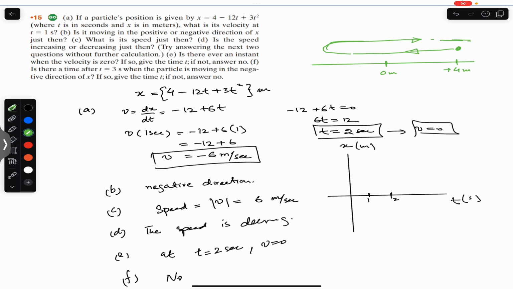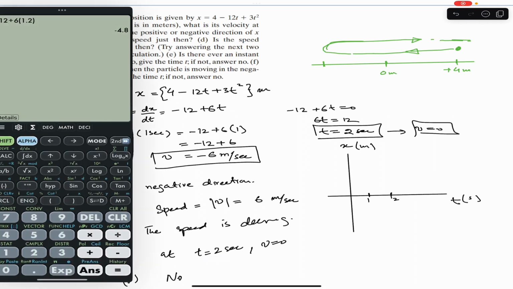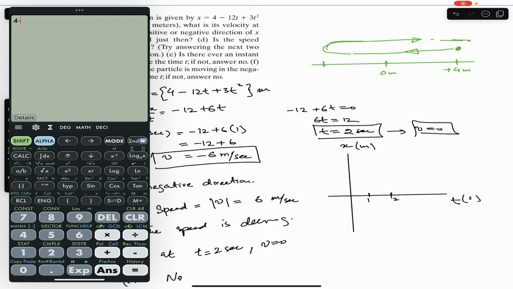And we can find that particular position where it turns back, since we know that the velocity at t equals 2 seconds is 0. At this particular point, when its velocity becomes instantaneously 0, at that moment it will turn back. So if we substitute t equals 2 seconds in this x of t, we will be able to find the position of the particle at t equals 2 seconds. So 4 minus 12 into 2 plus 3 into 2 square gives us minus 8.